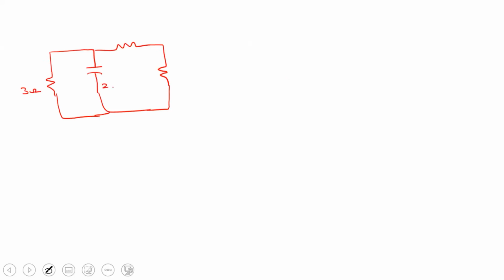So let us consider a circuit, something like this. That is 3 ohm, and this is 2 farad, and this is 6 ohm, and this is, not 7 ohm, this is 4 ohm.